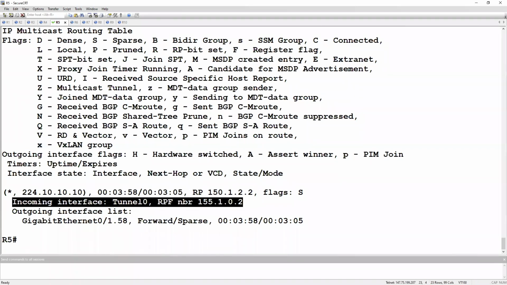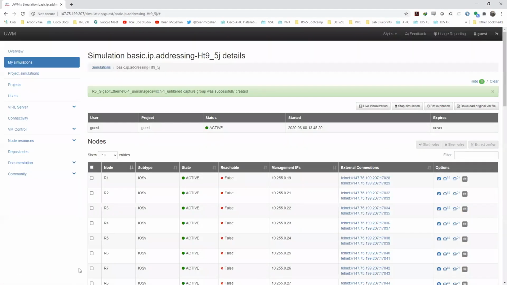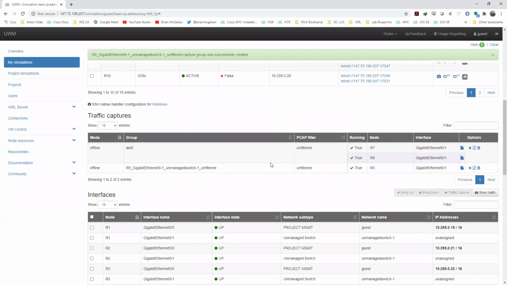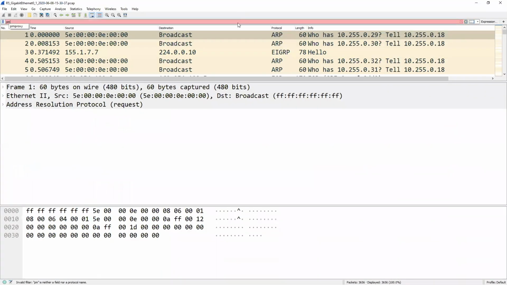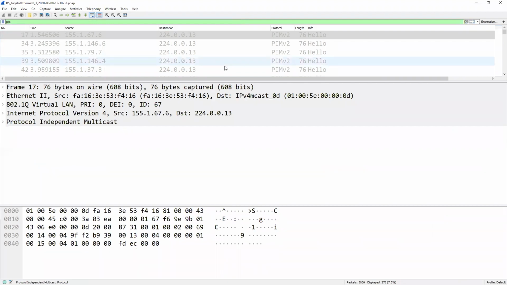Okay, so let's go ahead and look at our packet capture now. And let's look for PIM, and we're looking for PIM join messages.